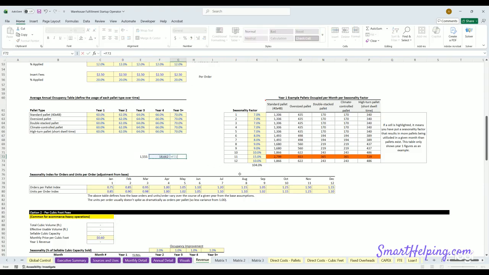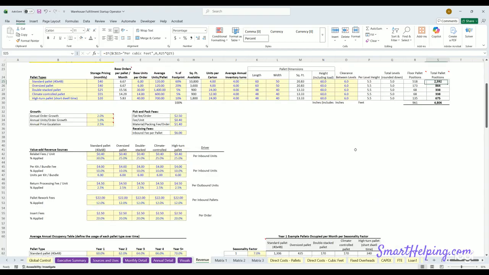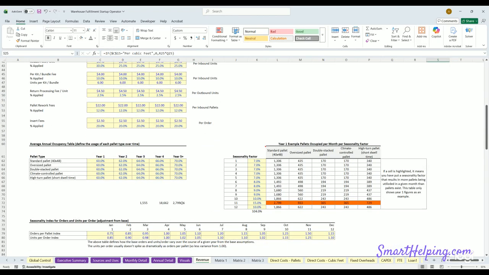You have 18,000 for the year, and you're essentially saying that in month 11, you've got 2,800 occupied pallet spaces in this scenario where 60% is your average annual occupancy, and of your total yearly occupied space, 15% of it is hitting in month 11, which is November, and now you're essentially selling more spaces than you have, and you can't.